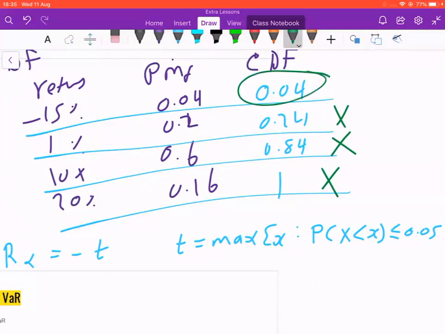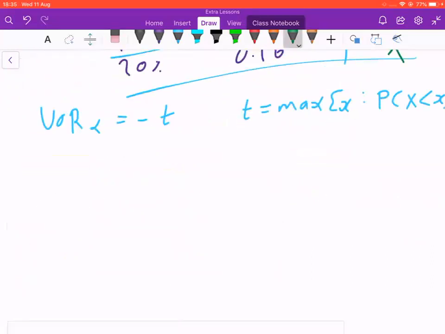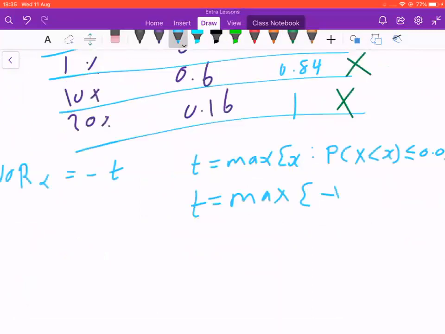Only one of them has a return with a probability of less than 5%. So in other words, you are trying to find the maximum value of negative 15.